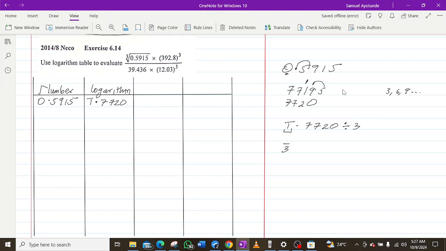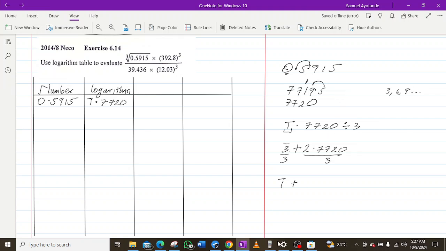So we have a bar on it, plus 3 minus 1 is 2.7720. We are dividing all by 3, so we'll divide this side by 3, and we'll divide this side by 3. So 3 divided by 3 bar is 1 bar, plus 2.7720 divided by 3.